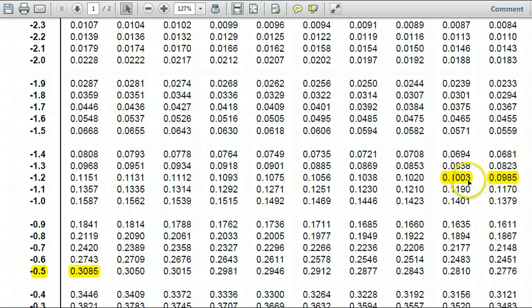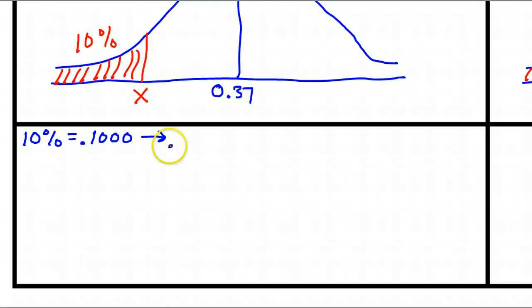This is 3 10,000ths, but it's 3 away from 0.1000, and this is like 15 away. So the 0.1003 is closest, so I'm going to use that one. Get rid of these distractors here. First let me write that down, 0.1003 is closest.